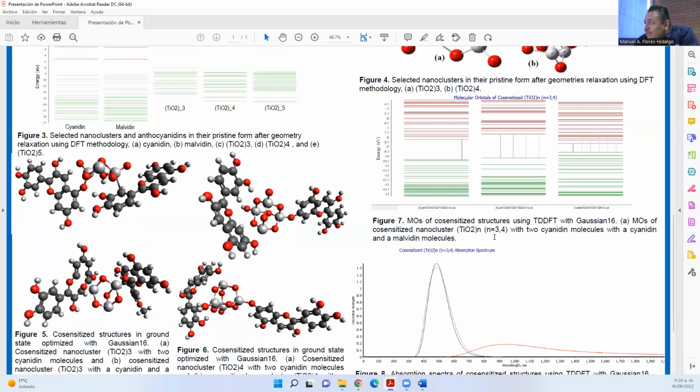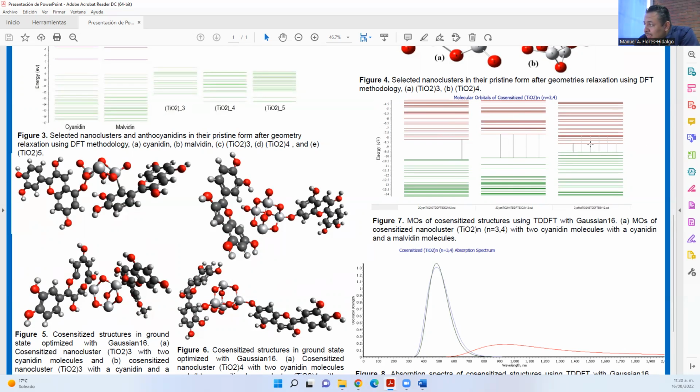So we analyzed what happened with the molecular orbitals. We produced this figure. Here we have the 2 cyanidin and the 2 cyanidin with the 3-unit titanium dioxide. Here is the first one, and the 2 cyanidin with the 4-unit titanium dioxide nanocluster is the second one.